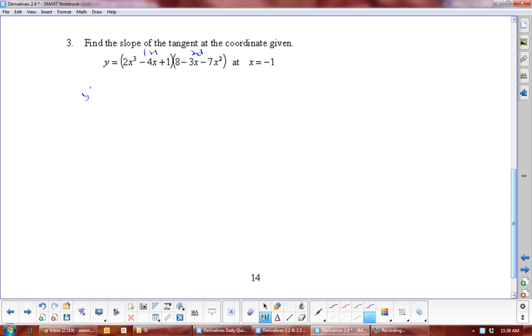So y prime equals the first, 2x cubed minus 4x plus 1, times the derivative of the second, which would be negative 3 minus 14x, plus the second, 8 minus 3x minus 7x squared, times 6x squared minus 4.